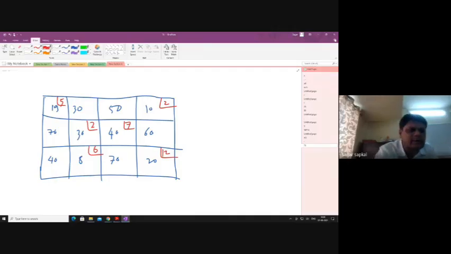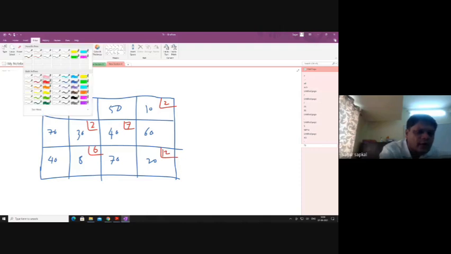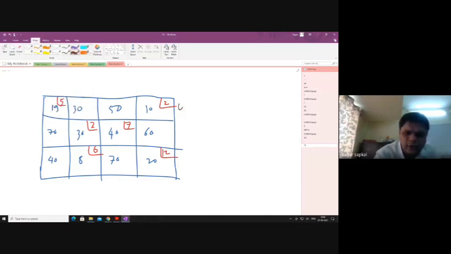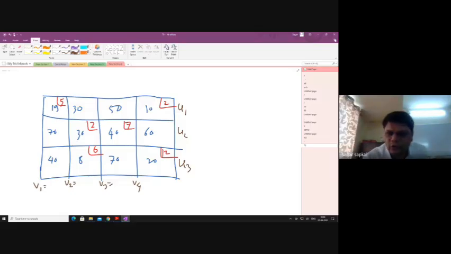So for this purpose, you have to find out Ui and Vj values. So find out U1, U2, U3, V1, V2, V3 and V4 in the similar manner. That means for that you have to use the occupied cell equation Cij is equal to Ui plus Vj.